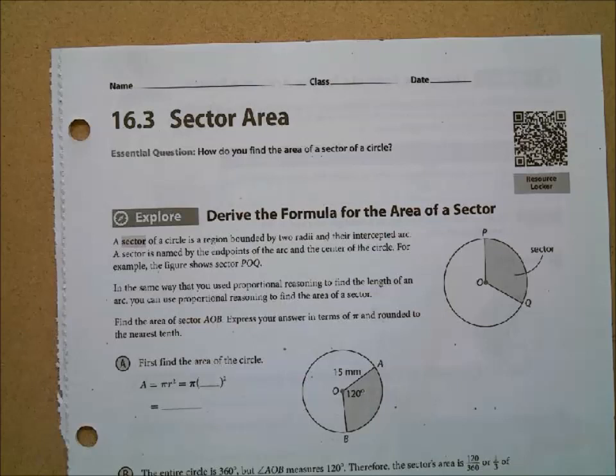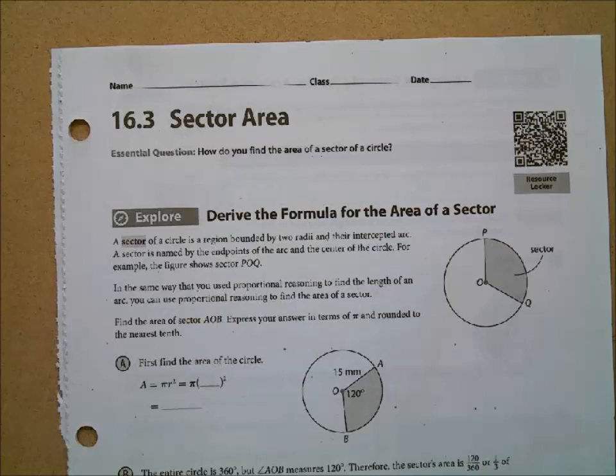The entire circle is 360 degrees, but angle AOB measures 120 degrees. Therefore, the sector's area is 120 over 360, or 1/3 of the circle's area. So we'll find the area of sector AOB by doing 1/3 of the total area, 225 pi. 225 divided by 3 simplifies to 75 pi.